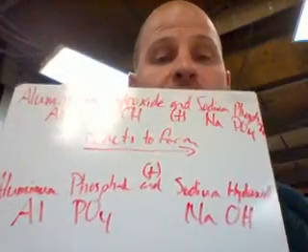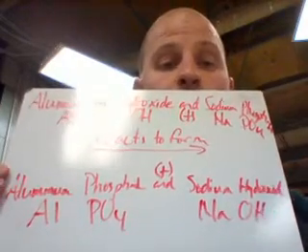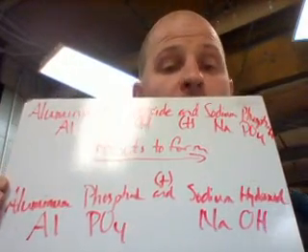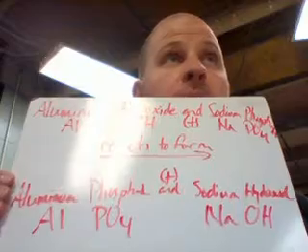Phosphate, we know is PO4. And then we do the same thing for the product side: Al, PO4, Na, OH. So what I have now is AlOH and NaPO4 yields AlPO4 and NaOH.